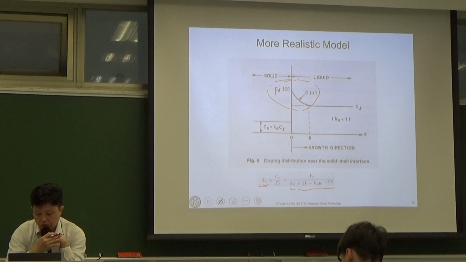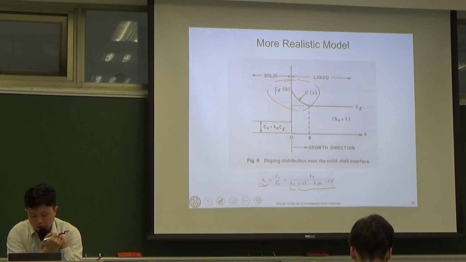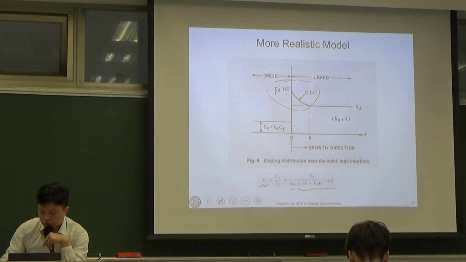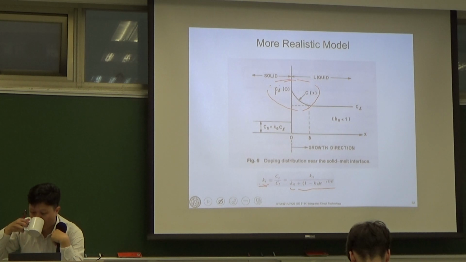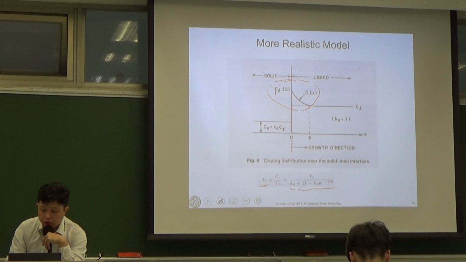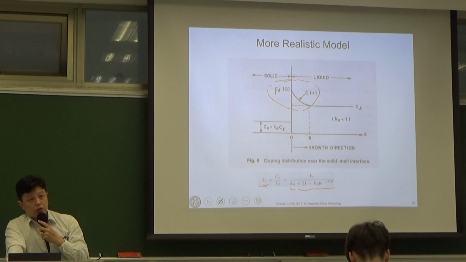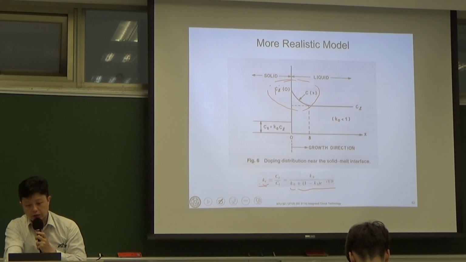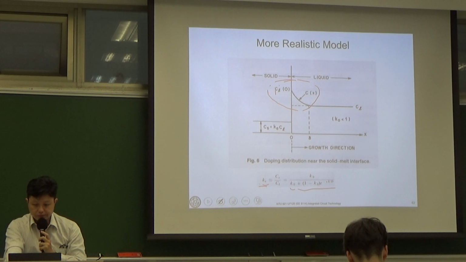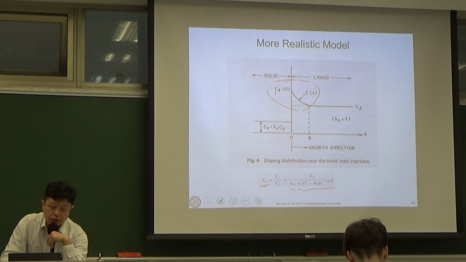This is more realistic, and of course more complicated, but we won't spend too much time on it. It's just for your reference. If you want to model the concentration in your ingot during the CZ crystal growth process, then you have to consider this kind of more realistic model.